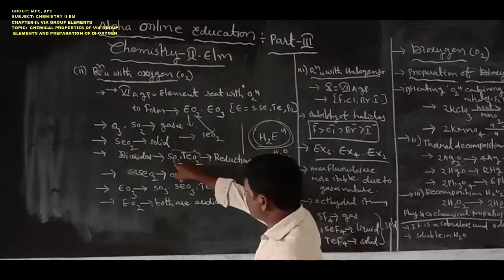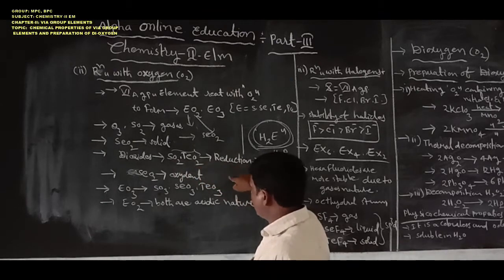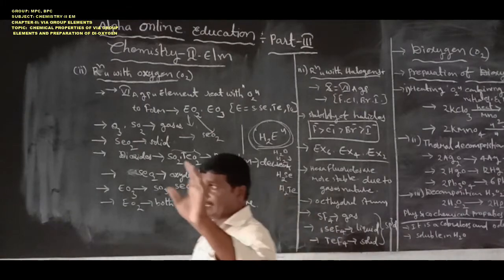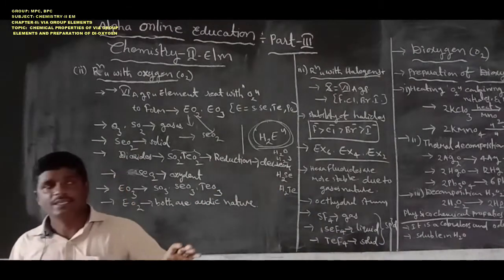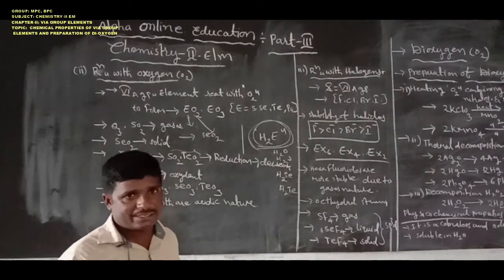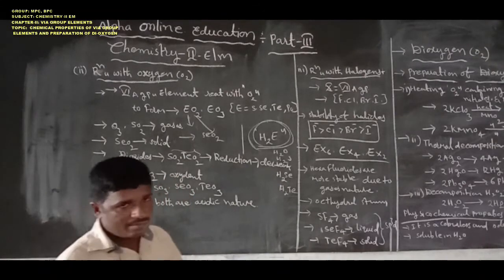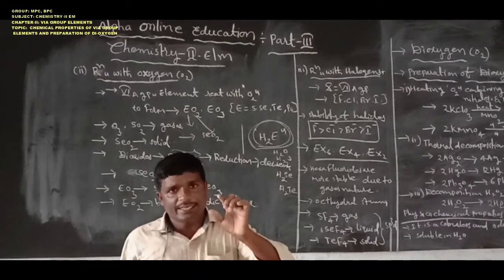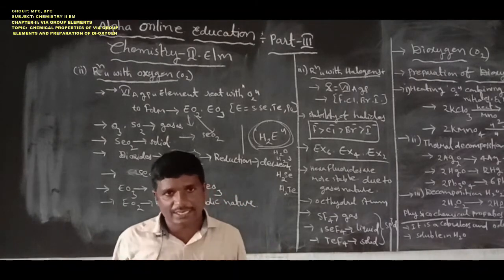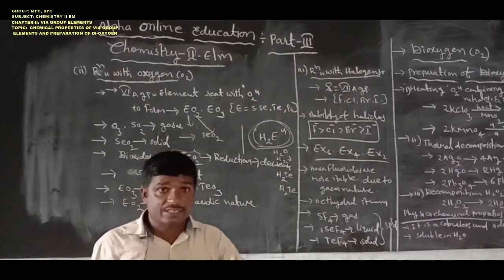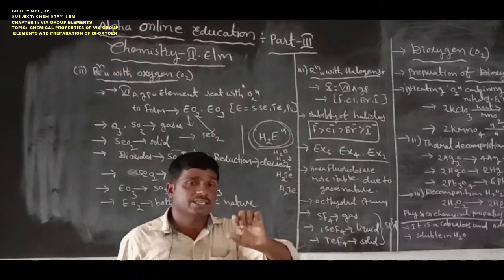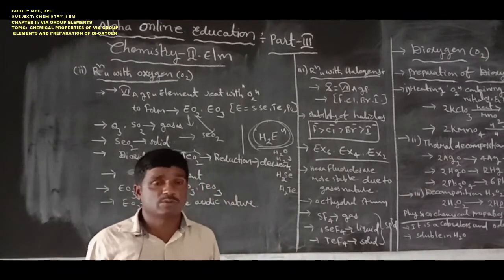for example, from sulfur dioxide to tellurium dioxide, reducing nature decreases, because in any group from top to bottom non-metallic nature decreases and metallic nature increases. Or gain of electrons decreases from top to bottom and loss of electrons is more. Loss of electrons nature also increases from top to bottom.